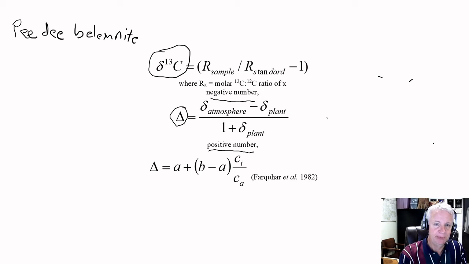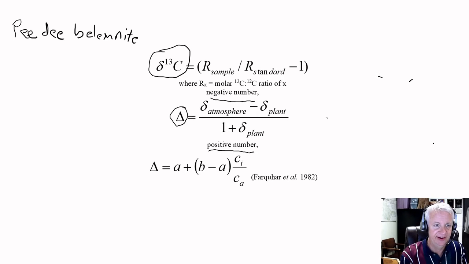Farquhar et al. In this paper, if you look this paper up, they do the theoretical work to show that big delta is related in this way to the Ci to Ca ratio. So the Ci to Ca ratio basically is controlled by b and a, where those represent the relative discrimination due to stomatal resistance and the relative discrimination due to Rubisco.